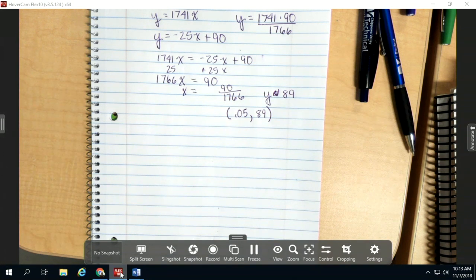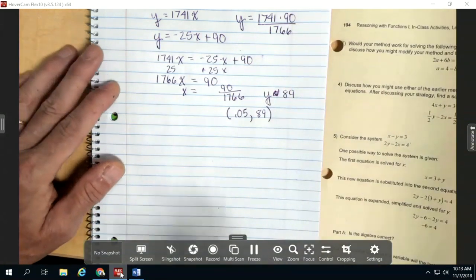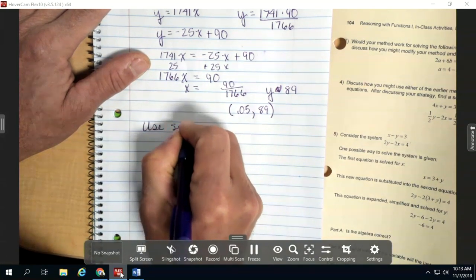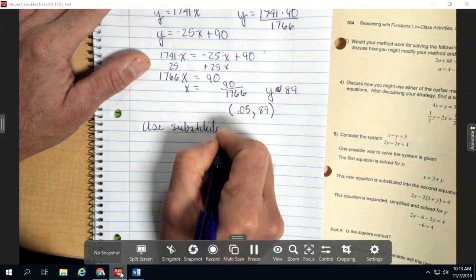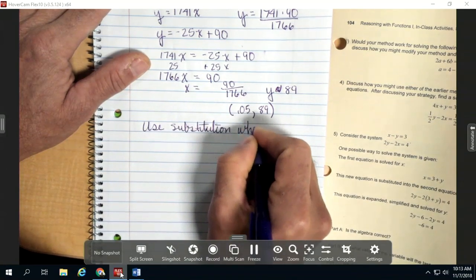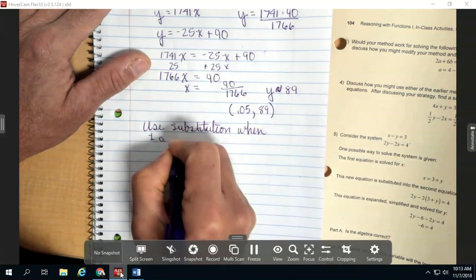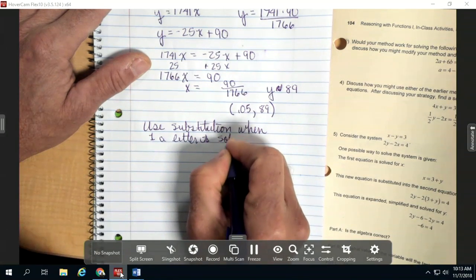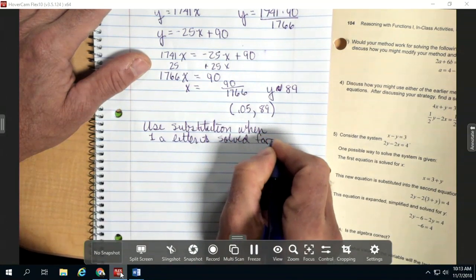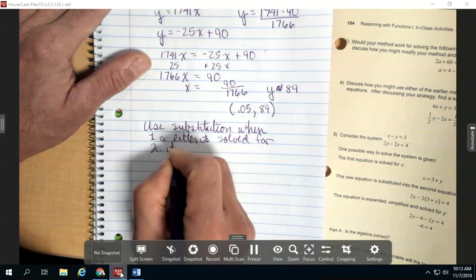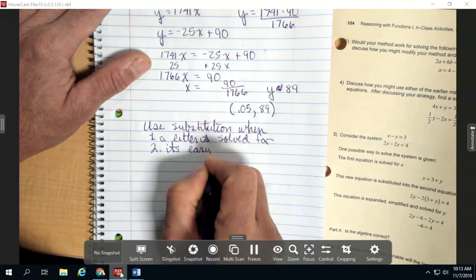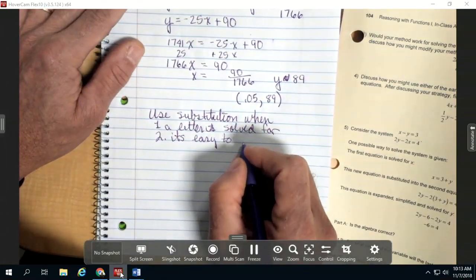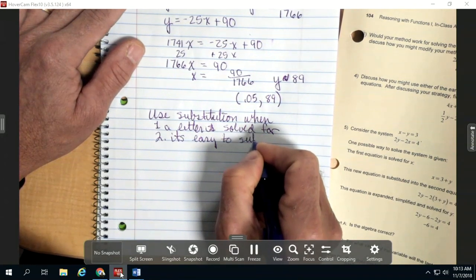Page 104. So use substitution when a letter is solved for and it's easy to substitute in.